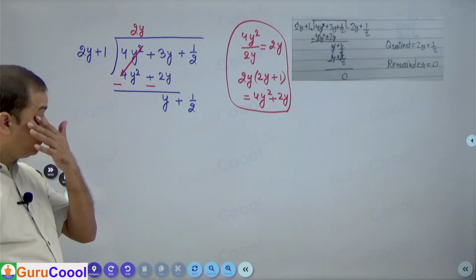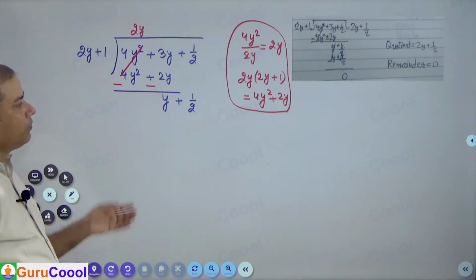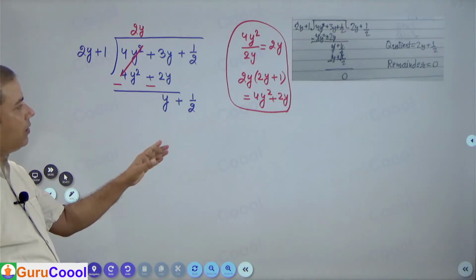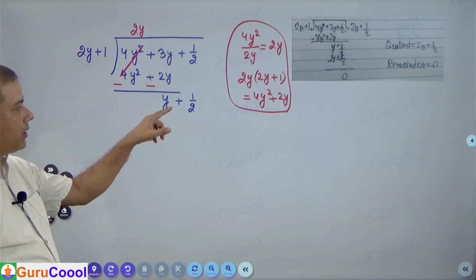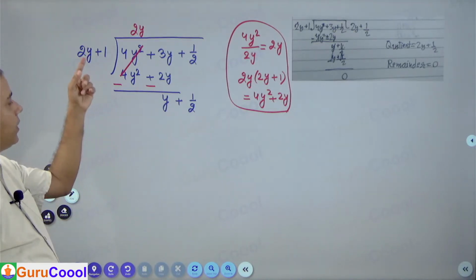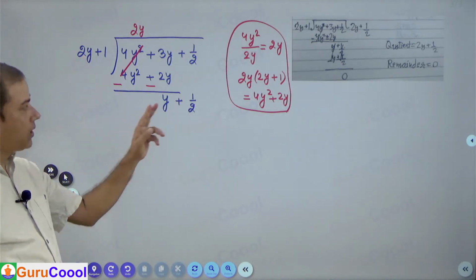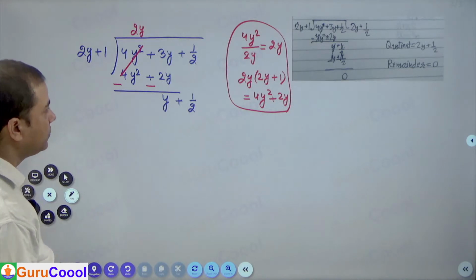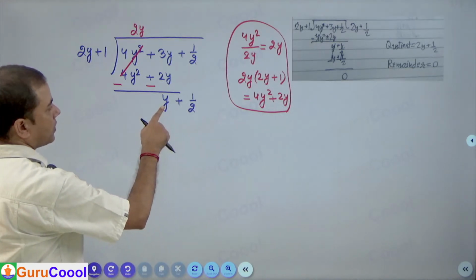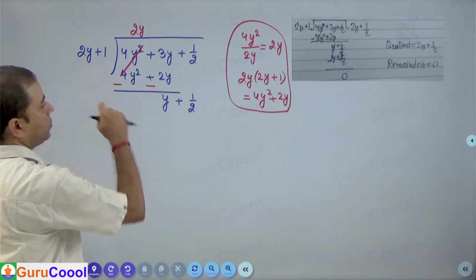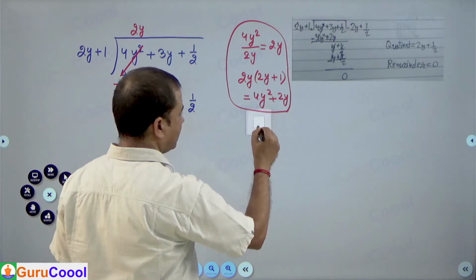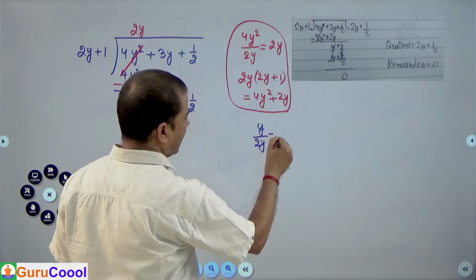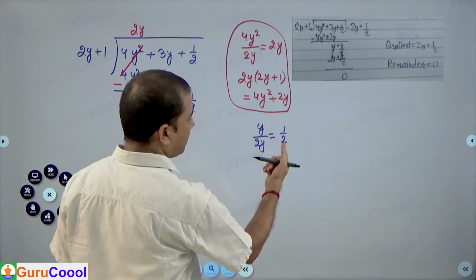Any idea? We will divide. We have to do that. We stop only when the degree of the remainder is lesser than the degree of the divisor. Presently they are same, so we will divide and see how. First term y will be divided by 2y. Y divided by 2y is 1 by 2, or plus 1 by 2.